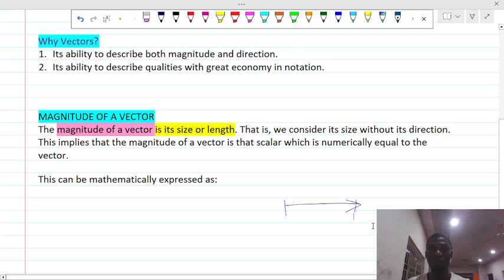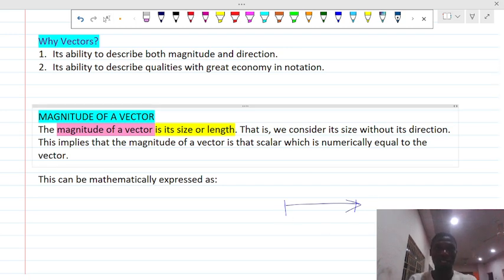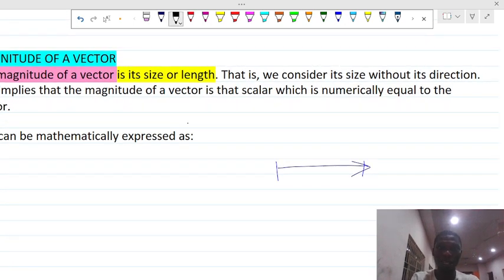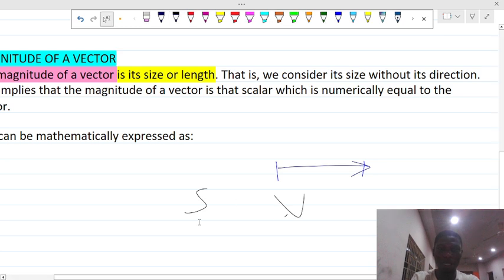So if we say here is a scalar quantity, and this is a vector quantity. For the scalar quantity, we just talk about the size, no direction. For the vector quantity, we talk about size, which is magnitude, and direction.